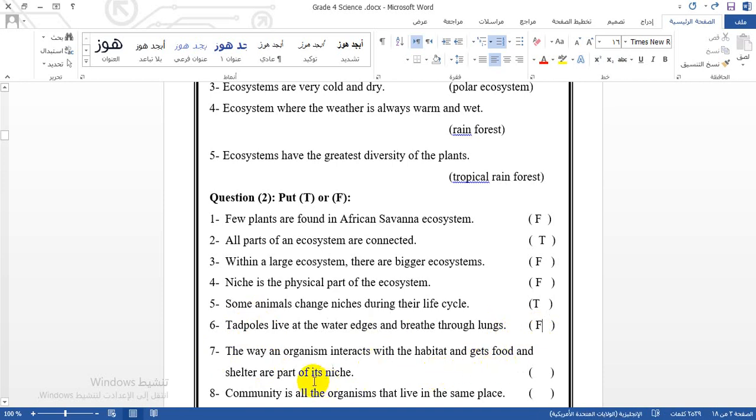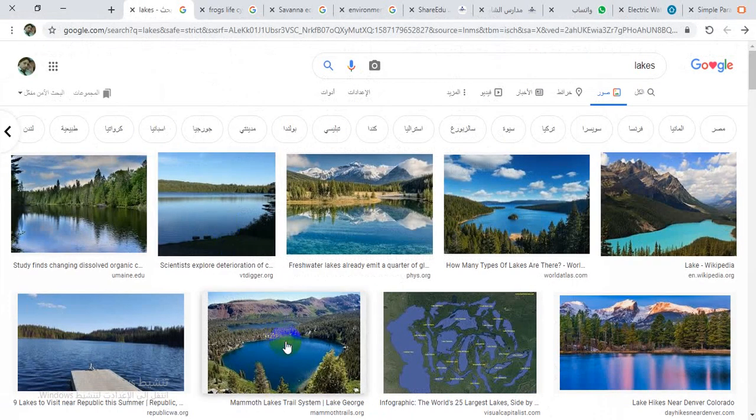The way an organism interacts with the habitat and gets food and shelter is part of its niche. I told you that many times. Like the frogs here, when the frogs change their shelters from inside the water to the edge of the water.